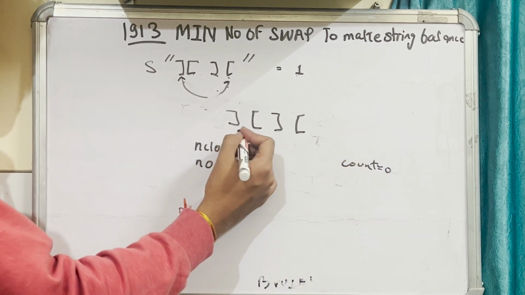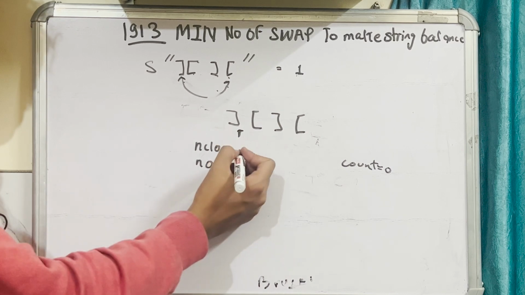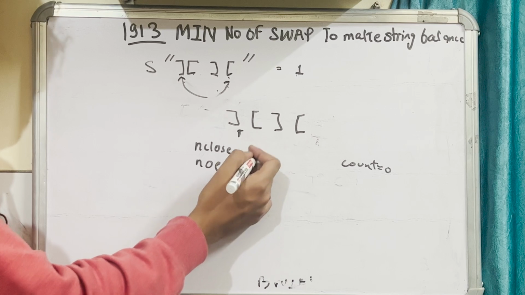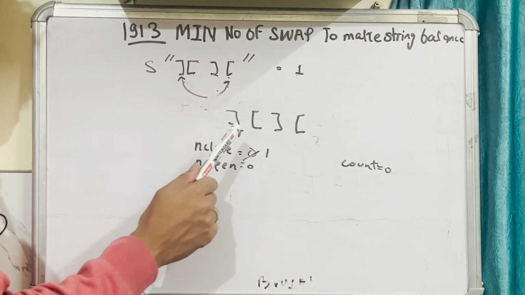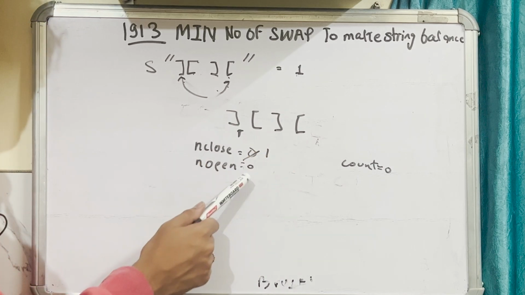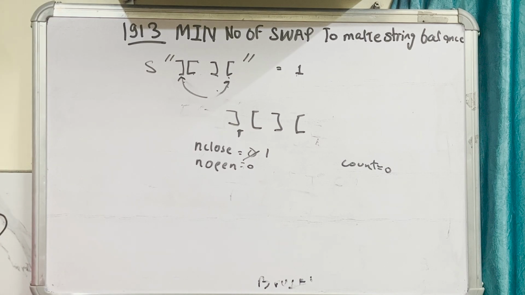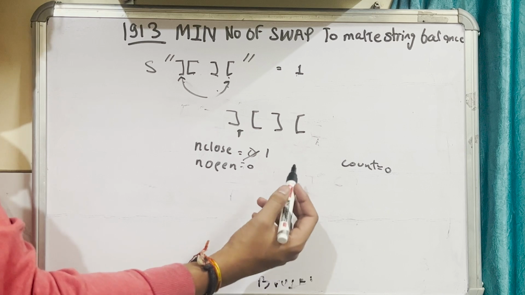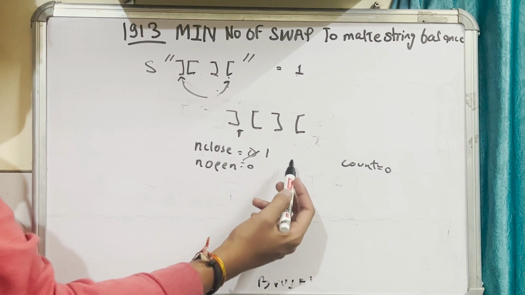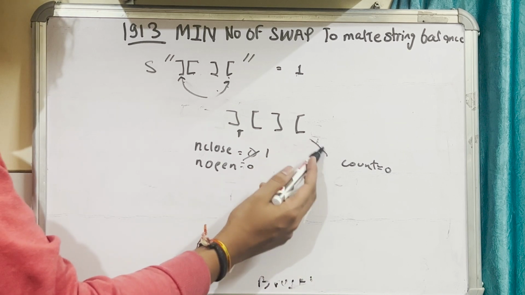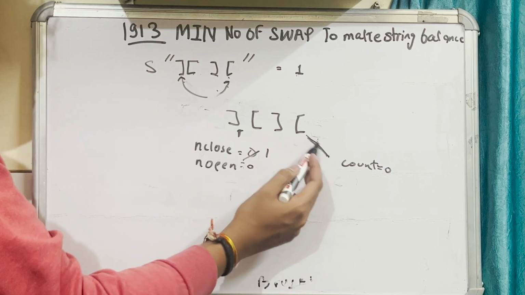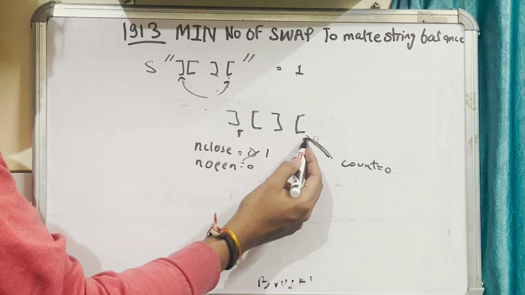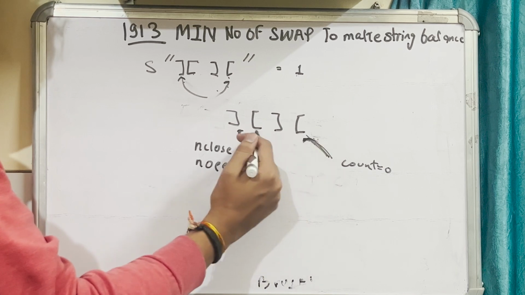So you came here, and the number of closing brackets went from 0 to 1. As you saw, the count of closing brackets is greater than the number of opening brackets. So what do we need? We need to swap. Where will you get the swapping character? You'll go to the rightmost part of the string, and from there you'll search for an opening bracket. If you get an opening bracket, you will simply swap with this.